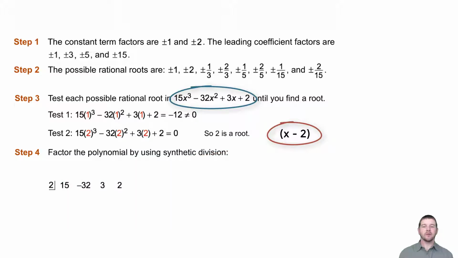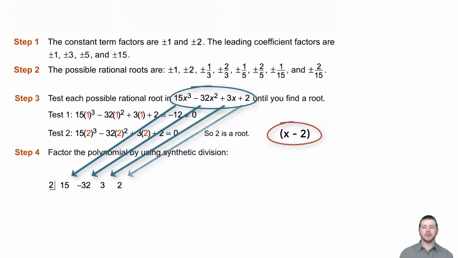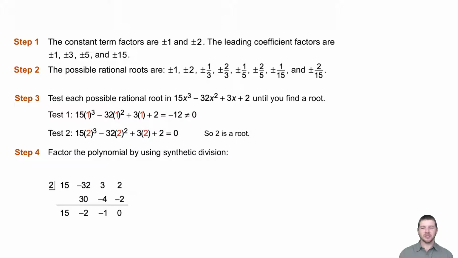And then we'll extract coefficients from our expression and write 15, negative 32, 3, and 2. Dropping the 15 and performing synthetic division, we find 15, negative 2, negative 1, and 0. So we can state that p of x can be rewritten as the binomial x minus 2 times the quadratic 15x squared minus 2x minus 1.